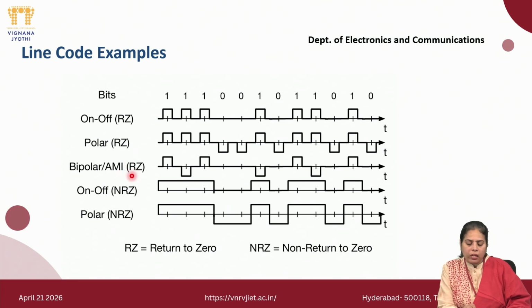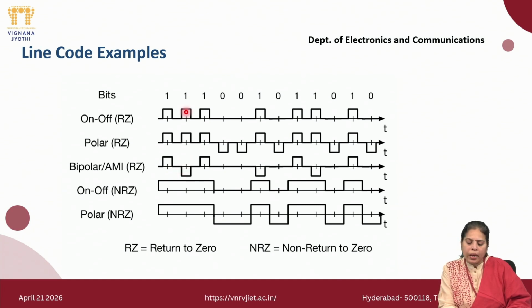Now, coming to the other form, which is bipolar alternate mark inversion, in RZ form. What we do in this form is we reserve both positive polarity and negative polarity pulses for transmitting 1, whereas we transmit 0 volts when we want to transmit the bit 0. So when I intend to transmit 1, I transmit a positive polarity pulse that remains high for half the duration and 0 for the other half.